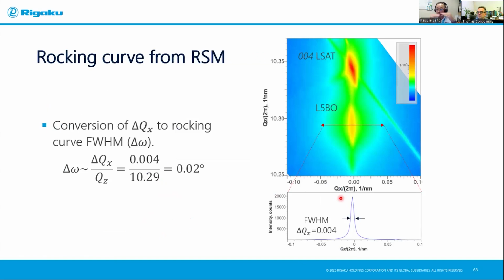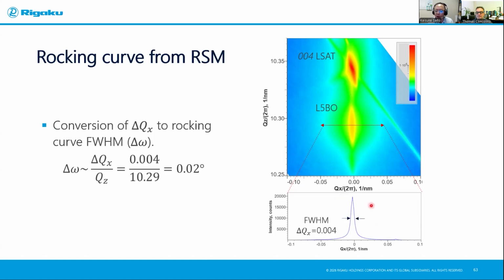By the way, why is the peak broadened along the QZ? This is because of the thickness. A diffraction peak is a Fourier transformation of the electron density of the crystal. The thin film has very limited thickness along the Z direction, but is very large along the in-plane direction. If you Fourier transform this kind of crystal shape, the peak is going to be elongated along the Z thickness direction because the electron density is limited along the thickness direction.